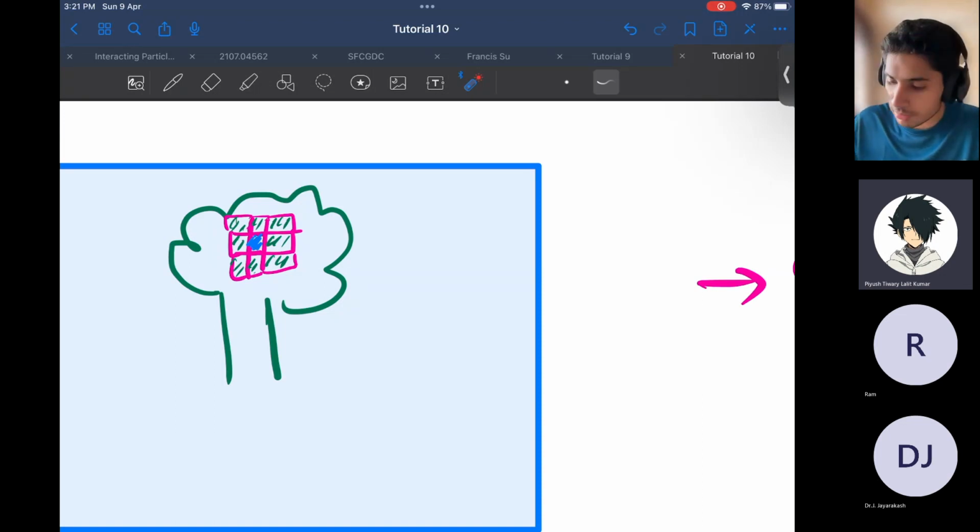What do I mean by that? I mean that this pixel gives me some information about what the surrounding pixels will look like. For example, if this is a tree, and this pixel is, let's say, green.